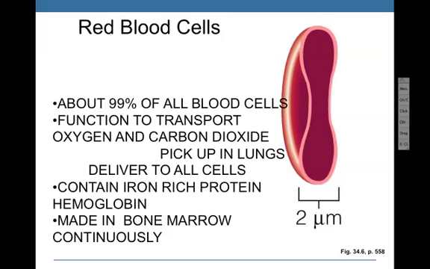It picks up the oxygen in the lungs, delivers oxygen to all the cells, and is also picking up carbon dioxide to take it back to the lungs. It contains iron-rich hemoglobin, and they are being made constantly to keep up with the replacement of them. They're made in the bone marrow.